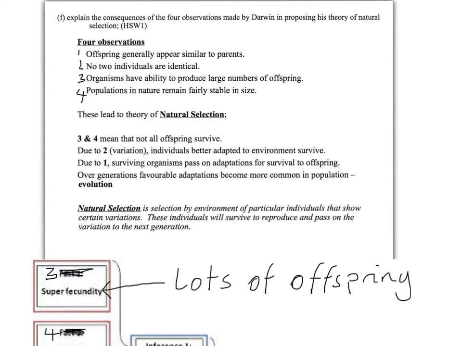And as natural selection goes on and on over generation and generation, this leads to changes in characteristics within a particular species. And that is known as evolution. So I've written down here: natural selection is selection by environment of particular individuals that show certain variations. These individuals will survive to reproduce and pass on the variation to the next generation.